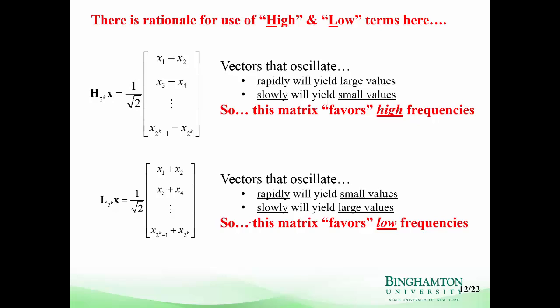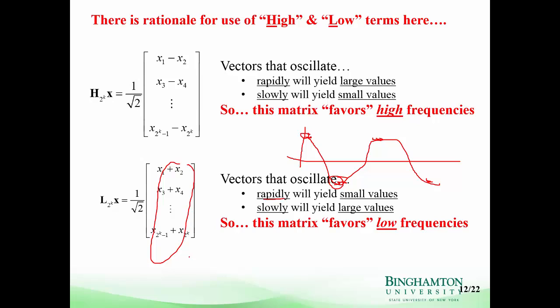And likewise, for the sums, we can make the same argument. Let's say we've got something that's wiggling fast like this, and we're looking at a sample here and a sample here, a sample here and a sample here. Now we're adding them together, so something positive plus something negative, about the same size, will become very small. So something that oscillates rapidly, all of these will end up being small numbers.